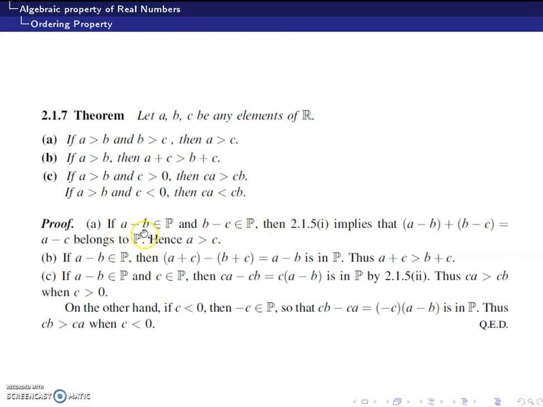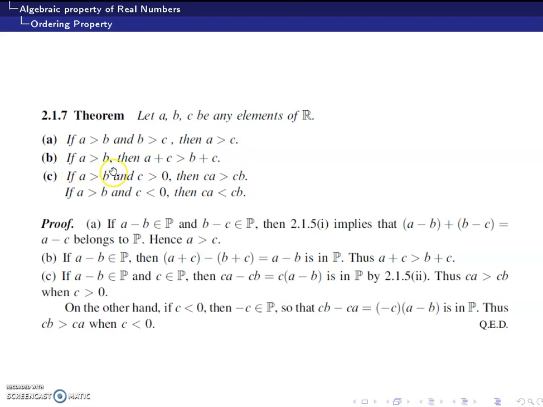So the sum of A minus B plus B minus C is also an element of P, which implies A minus C is an element of P. By the definition of inequality, A minus C belongs to P implies A is greater than C, which proves the first argument. Let's move on to the second argument.